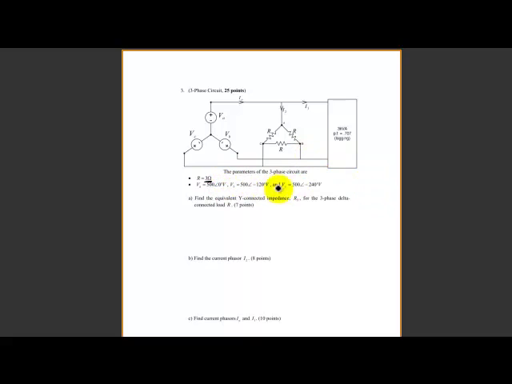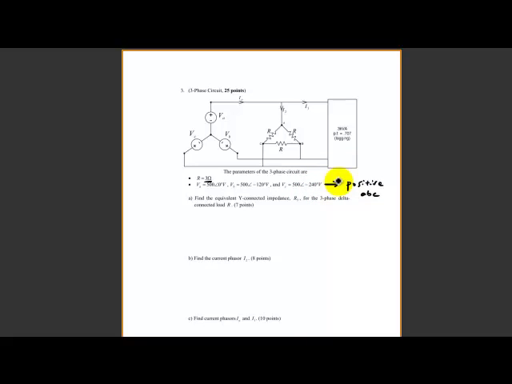And as you can tell, this is a positive sequence, an ABC sequence, right? Because you can see there's a minus 120 degree and a plus 120 degree, where minus 240 degree is the same as plus 120 degree.